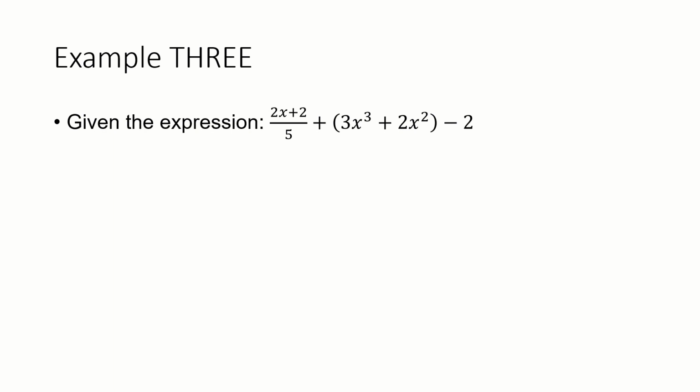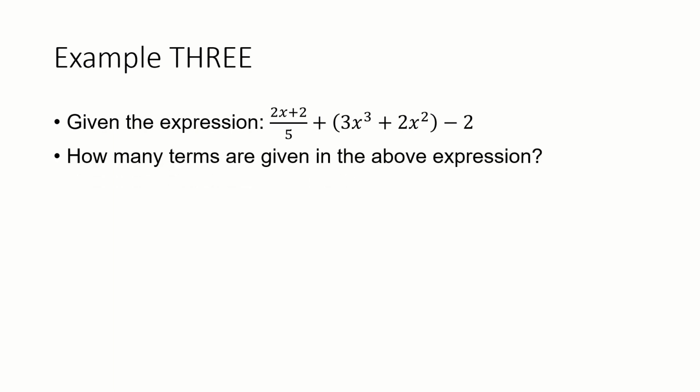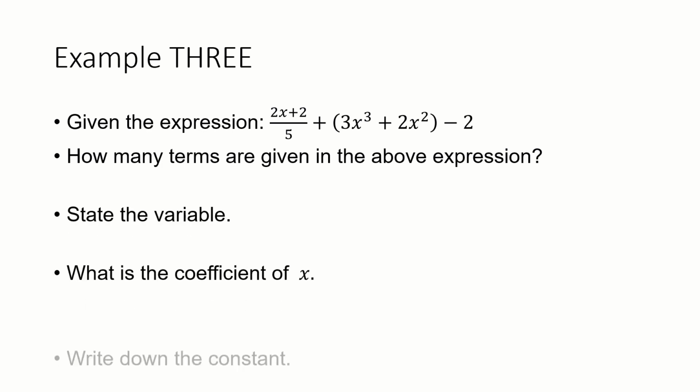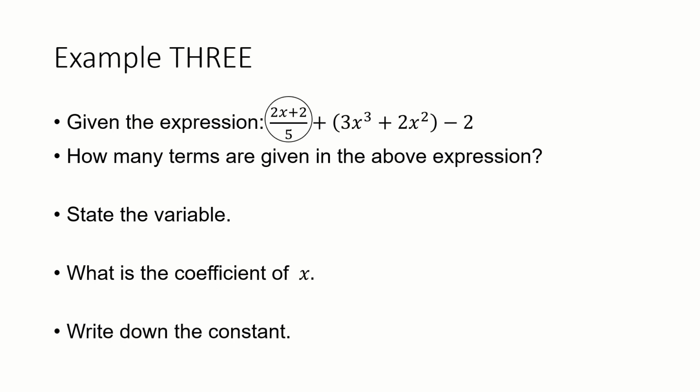Example 3. Given this expression, how many terms are given in the expression above? Remember, terms are linked by division or bracket or multiplication. Because of that, we've got 1, 2, 3 terms.